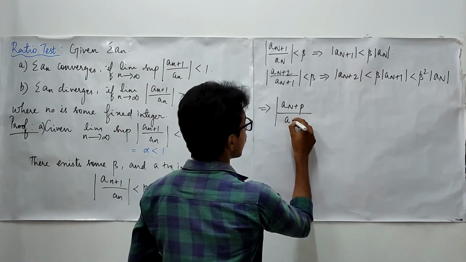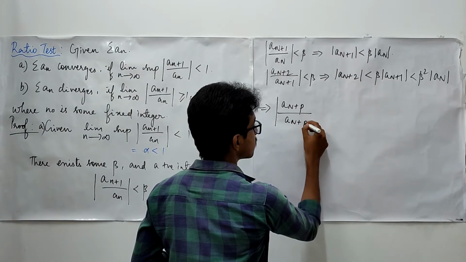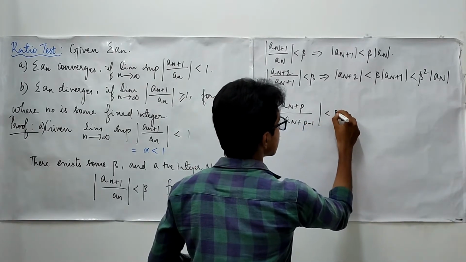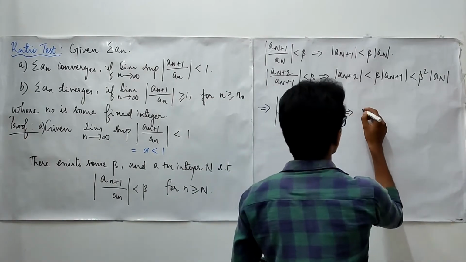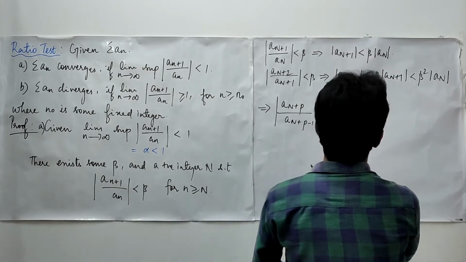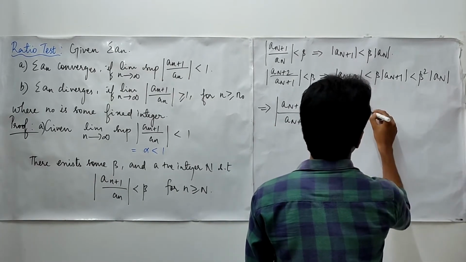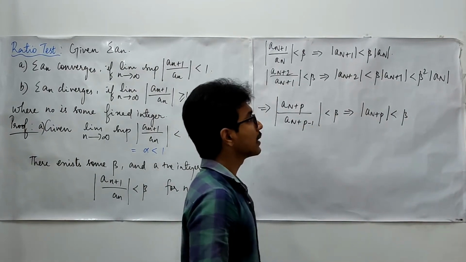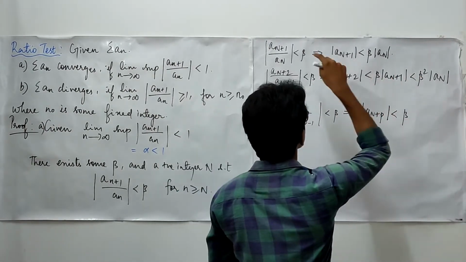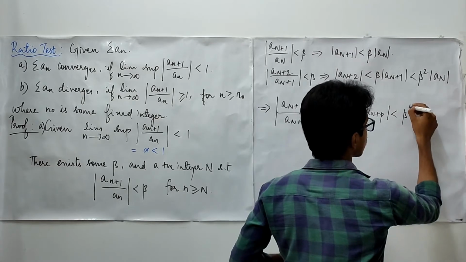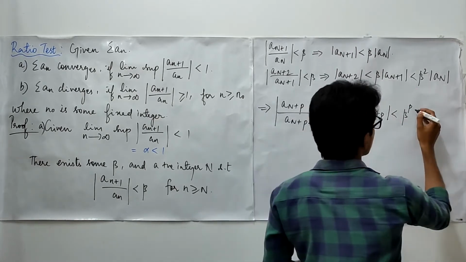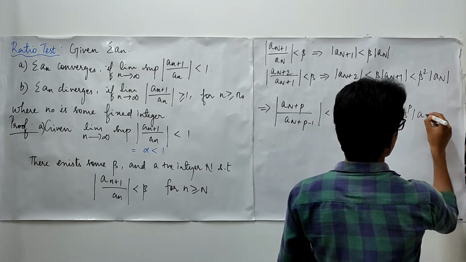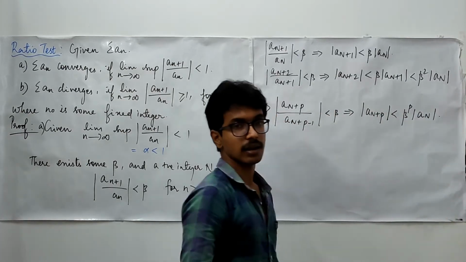When I proceed this way, in any stage, what will I have? an plus p upon an plus p minus 1 is less than beta, and this is going to give me the absolute value of an plus p is less than beta power p times the absolute value of an. Since it was 2, we have 2. Since it was 1, we have 1. So it is going to be beta power p times the absolute value of an, right?